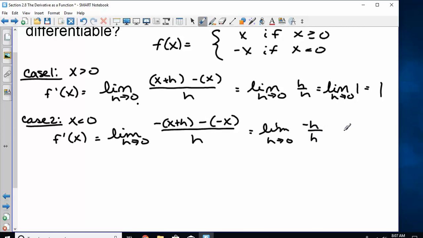So the x's drop, I have negative h over h. Limit as h approaches 0 of negative 1 is negative 1. So it's differentiable for positive numbers. It's differentiable for negative numbers. Now what about 0?